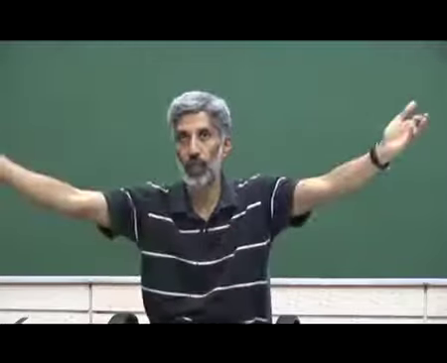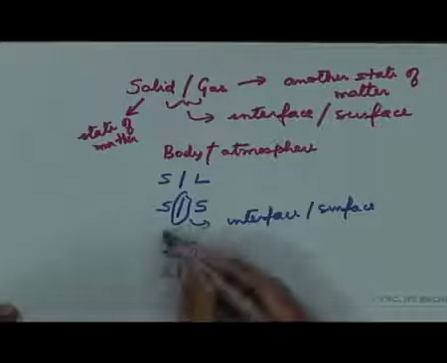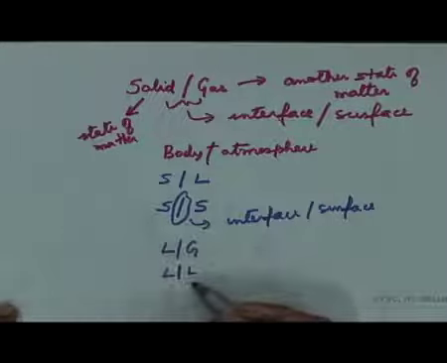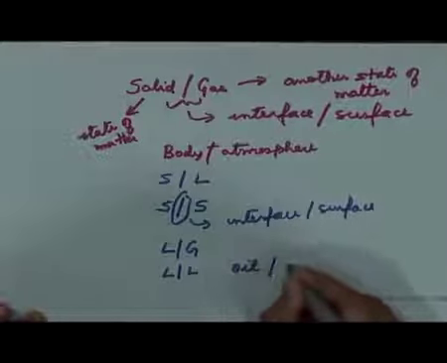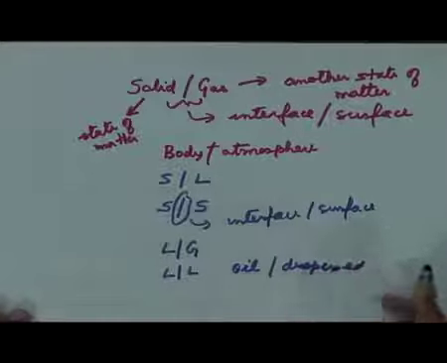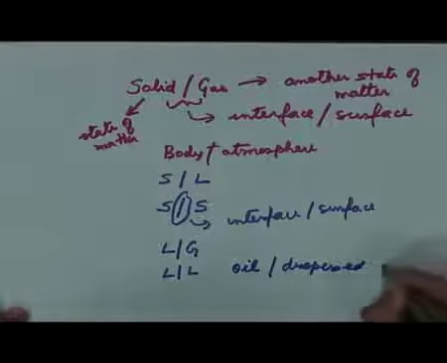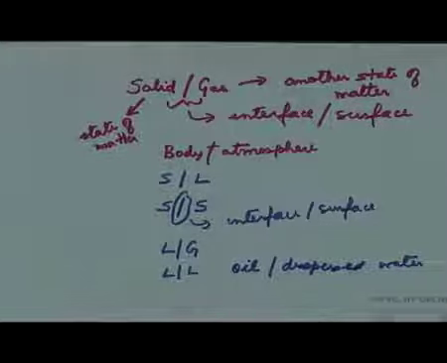So, the ocean, for example, out there, you have the water surface in interaction with the atmosphere, that is a liquid gas interface. There is also the liquid liquid interface, and if I had written it in sequence, it should have come before this. For example, you have oil dispersed in water, or on top of water, that would be a liquid liquid interface.